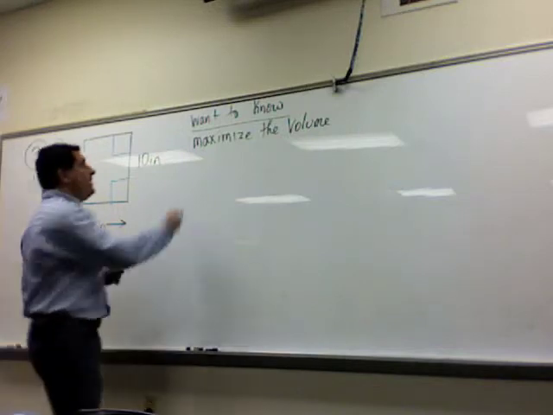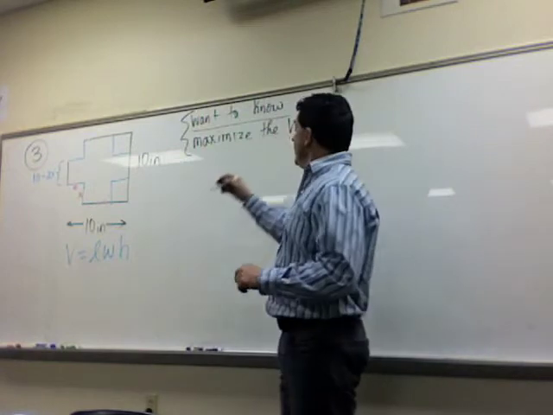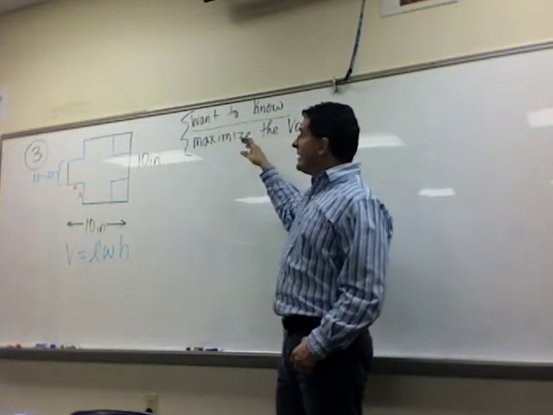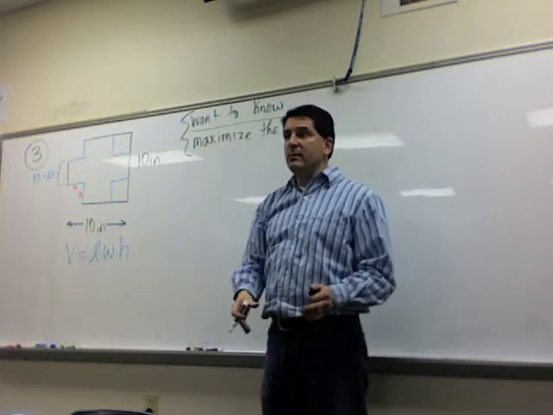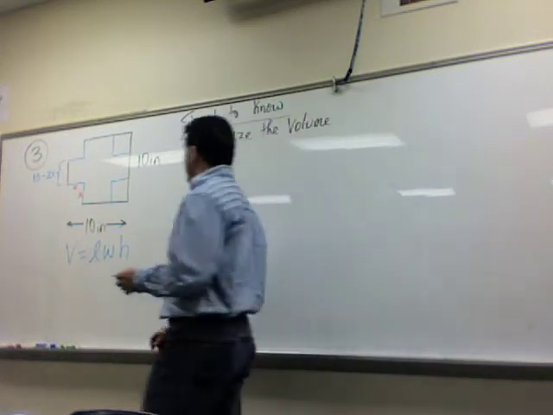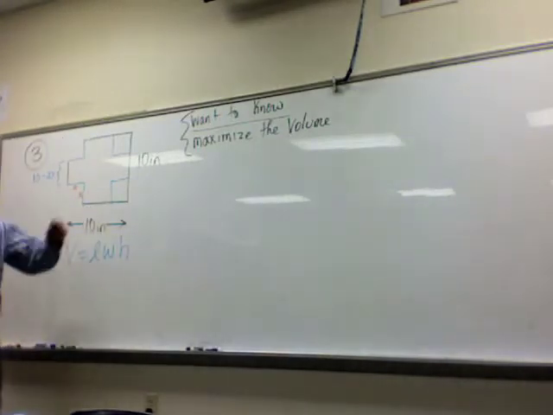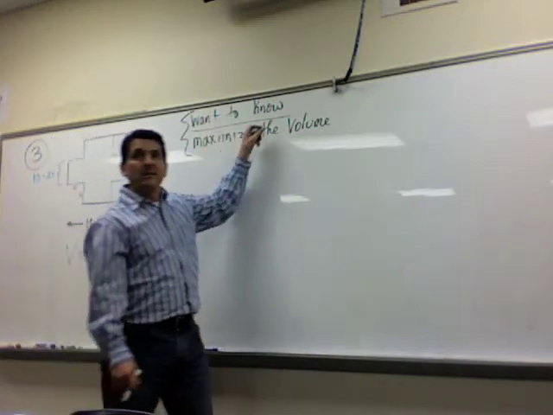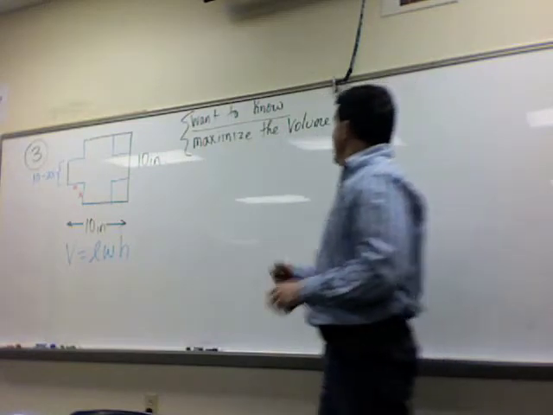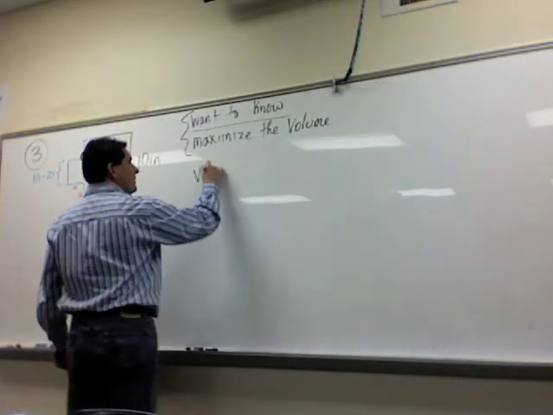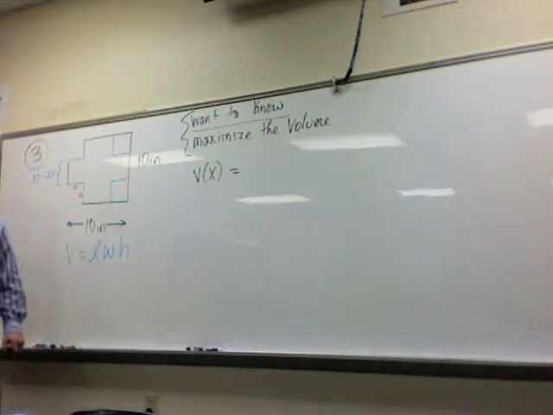Okay? So this is a critical step. When you're doing your own homework and you're saying, all right, identify what we need to know, because this is going to lead you into the equation that you have to create. In this case, we have to create an equation. What equation are we going to use? Since we want to maximize the volume, we're going to use the volume equation. Okay? So we're going to say this, V of x is equal to length times width times height.